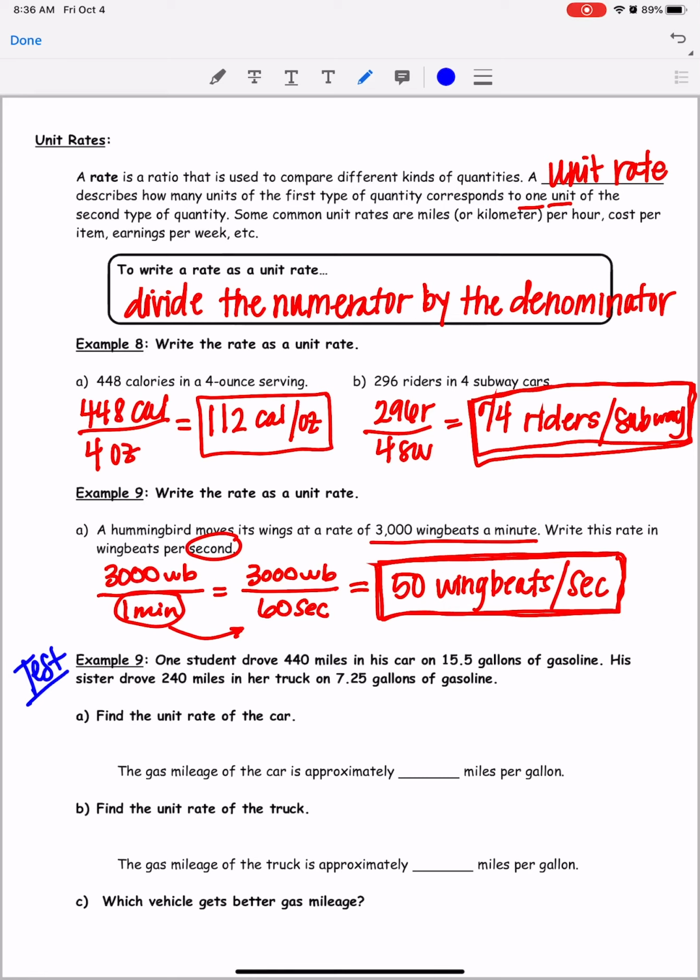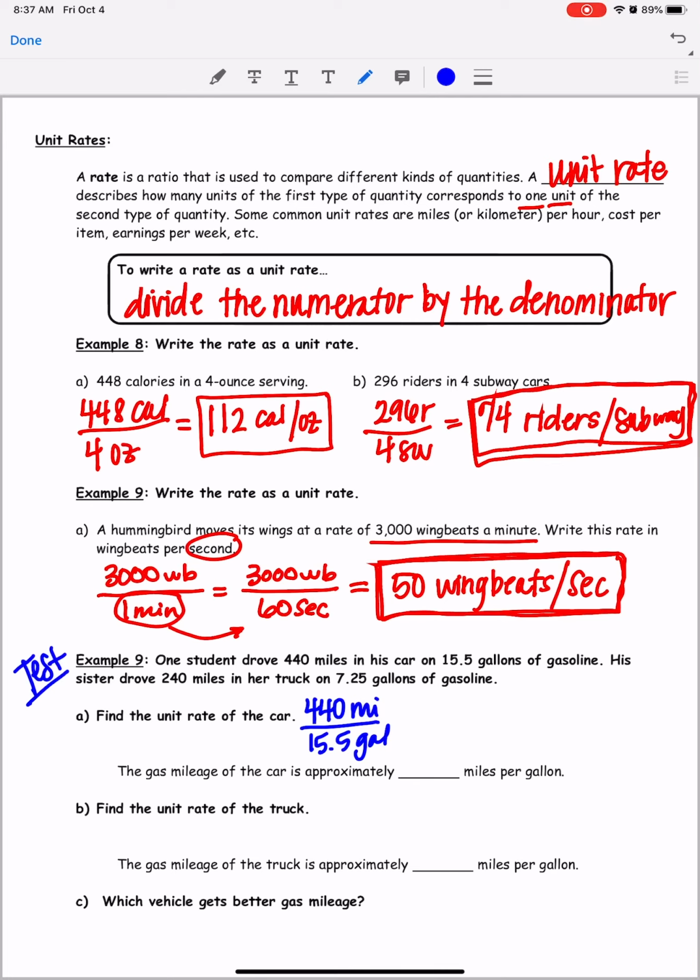His sister drove 240 miles in her truck on 7.25 gallons of gasoline. So A says find the unit rate of the car. So here's my car. And my car went 440 miles in 15.5 gallons. So just divide.